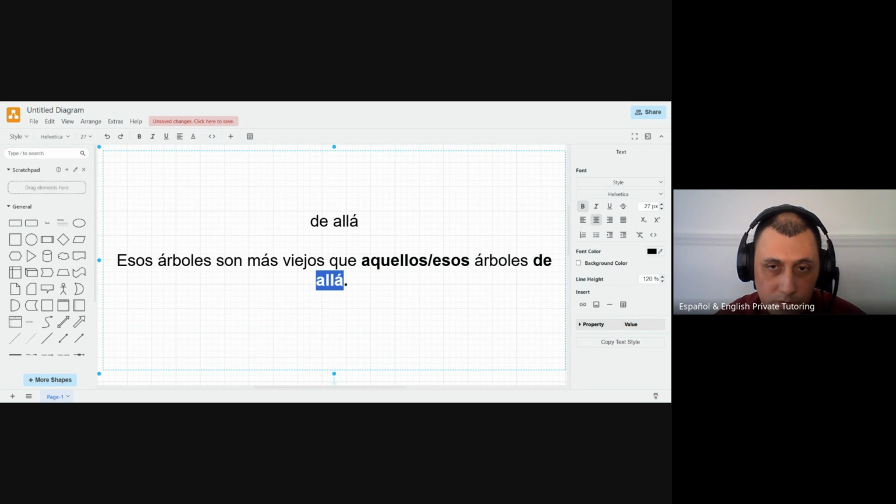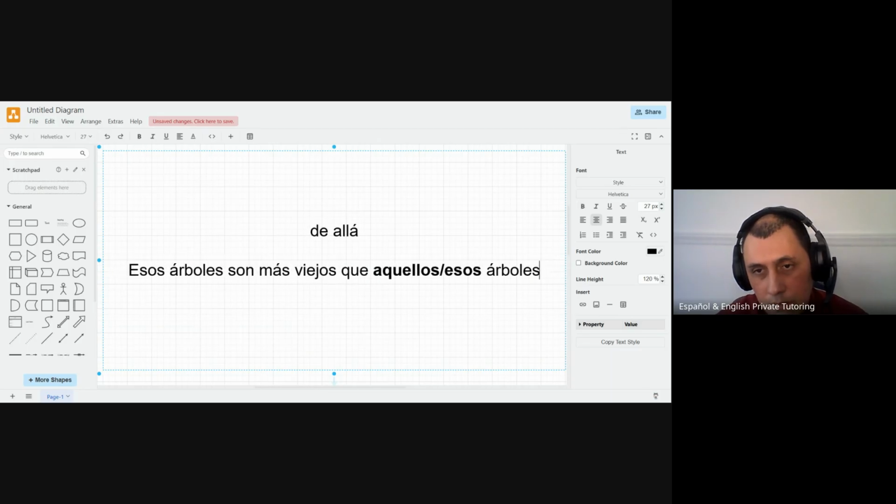They are adjectives because they are describing the word trees. And this one is an adverb of location. And so this is a way to emphasize, the same in English. But remember, I don't have to say over there. Say this, and that's it.